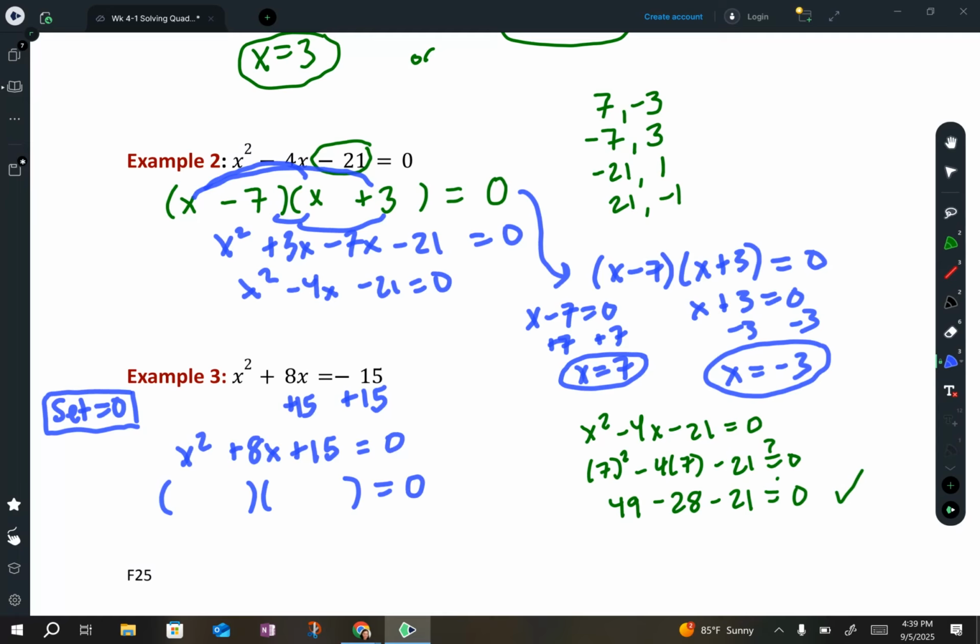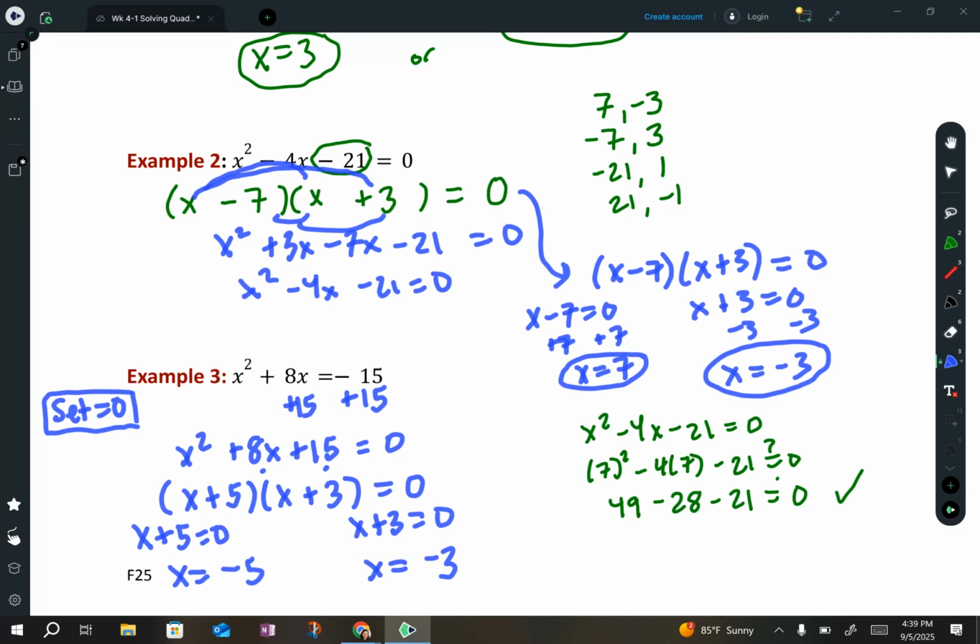I need to think about two numbers that multiply to give me 15 and add to give me 8, and that's going to be 5 and 3. So using my zero product property, I know that either x plus 5 is 0, or x plus 3 is 0. So x is either negative 5 or x is equal to negative 3.